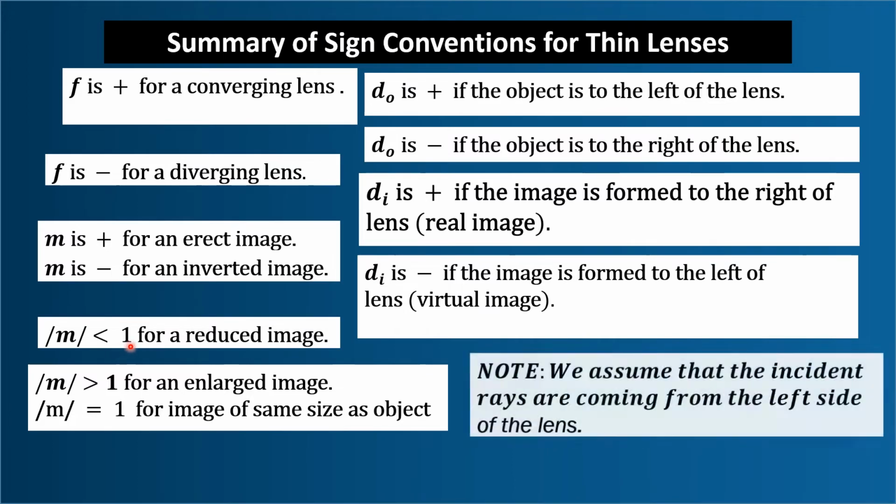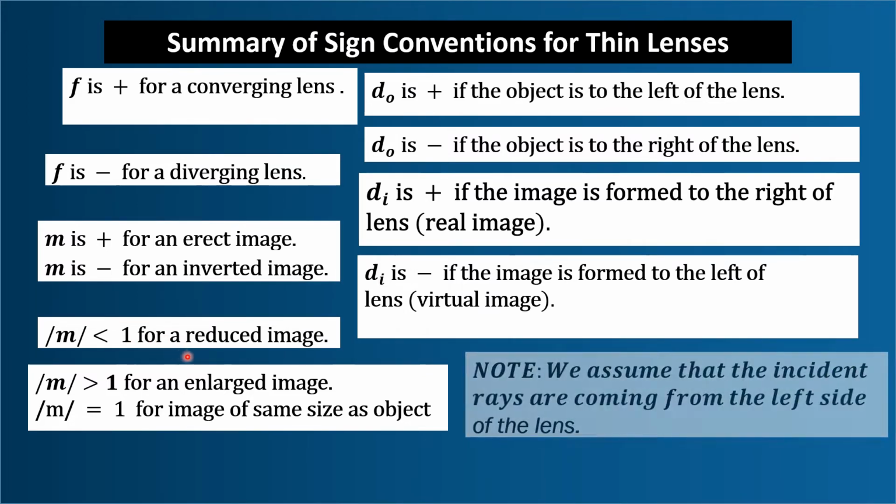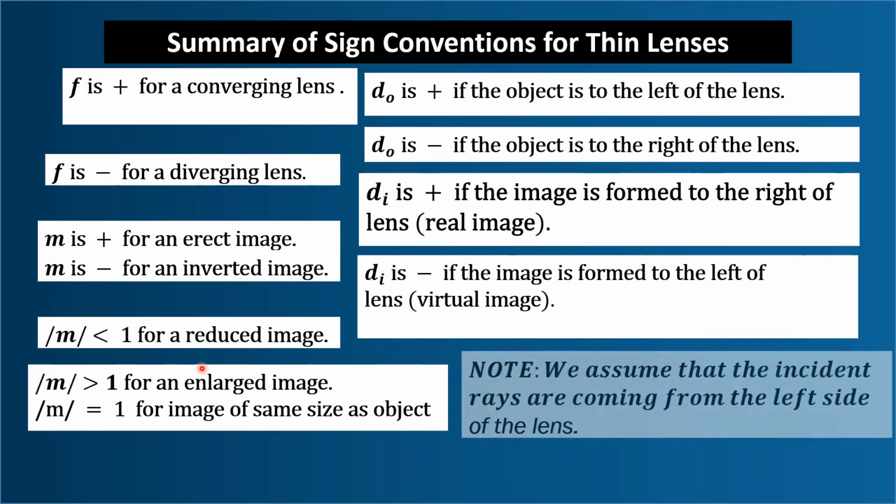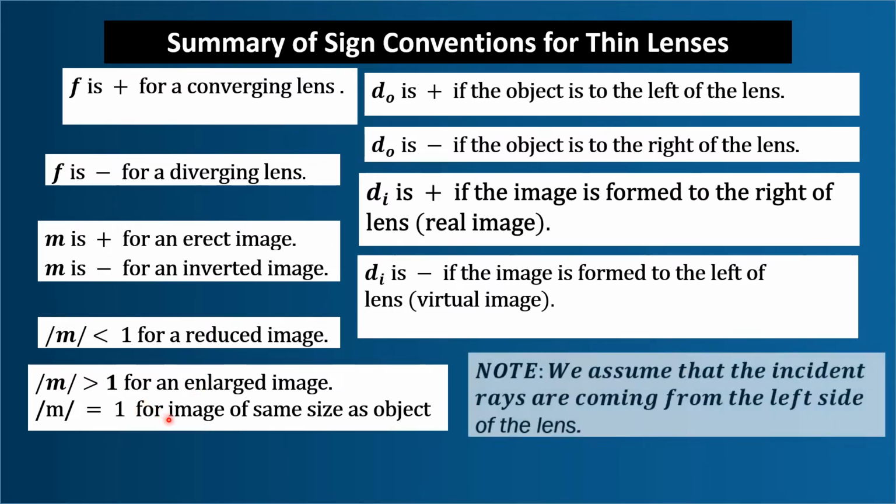If the absolute value of the magnification is less than 1, then we say that the image is reduced in size. If the absolute value of the magnification is equal to 1, then the image must be of the same size as the object.